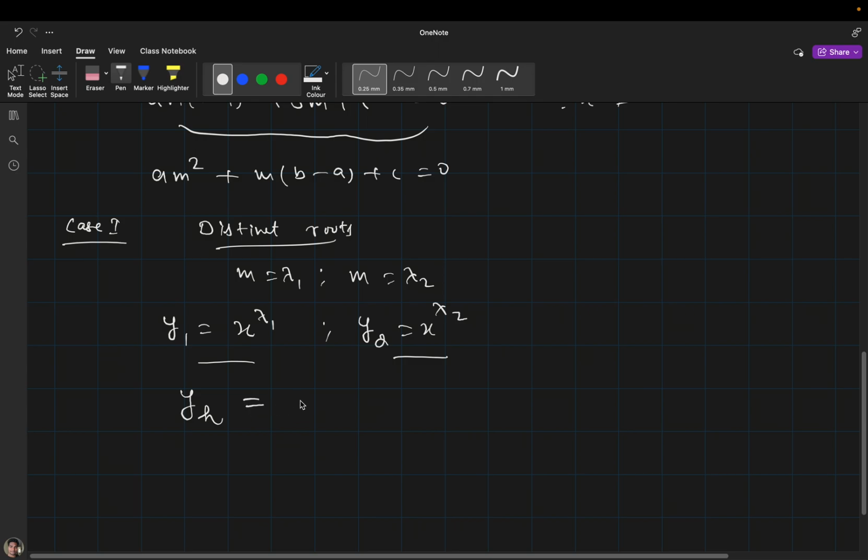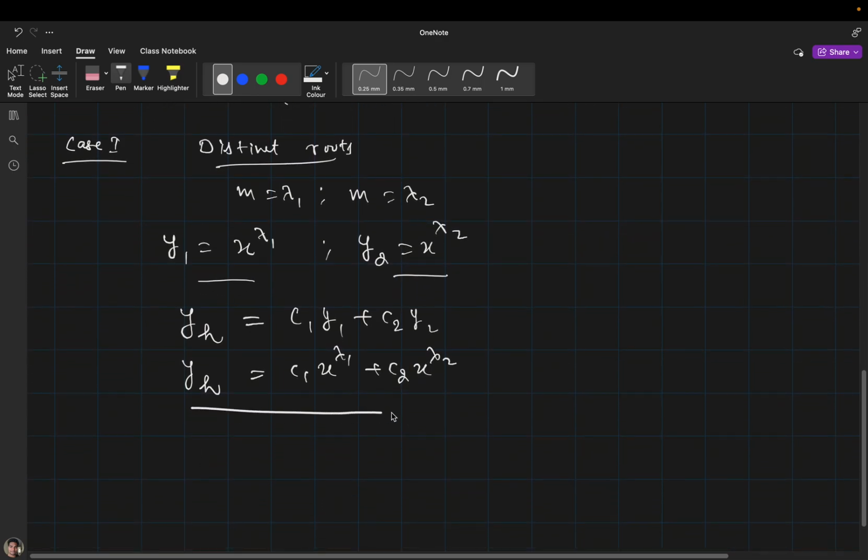In your GATE syllabus people usually write complementary solution, but I am writing homogeneous to distinguish between non-homogeneous and homogeneous. So I will write C1 Y1 plus C2 Y2. For the case of distinct roots, this will be the solution.